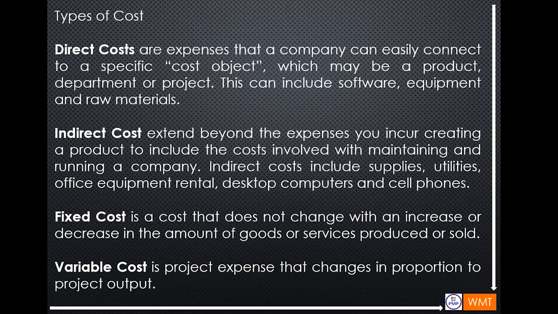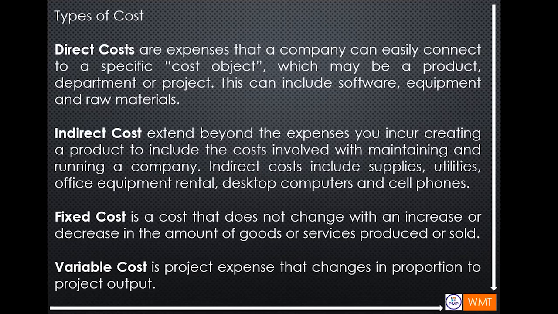For the indirect cost, it extends beyond the expenses you incur creating a product to include the cost involved in maintaining and running a company. So indirect costs include supplies, utilities, office equipment, rental, desktop computers, and cell phones. Then the fixed cost is a cost that does not change with the increase or decrease in the amount of goods or services produced or sold.